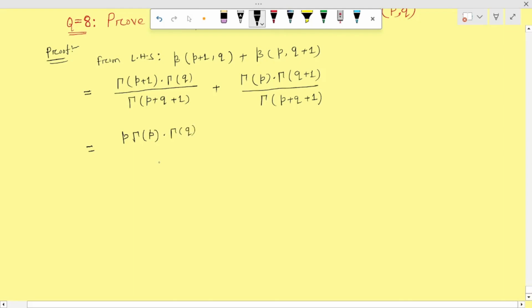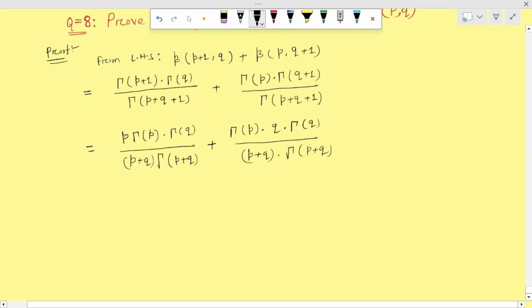Here gamma p plus q plus 1 can be written as p plus q into gamma p plus q by using the first property of gamma function, plus here gamma p. Gamma q plus 1 can be written as q into gamma q. The denominator will be the same, p plus q into gamma p plus q.